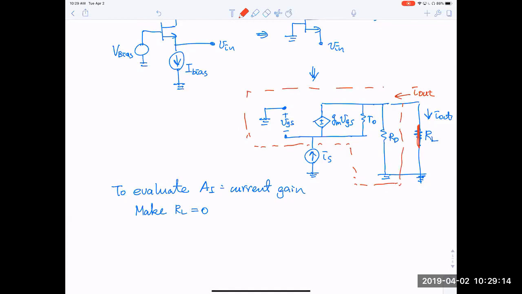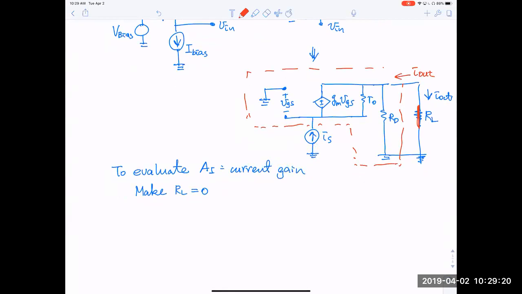All right, and because RL is 0, RD in parallel with RL, which we make 0, is basically 0.